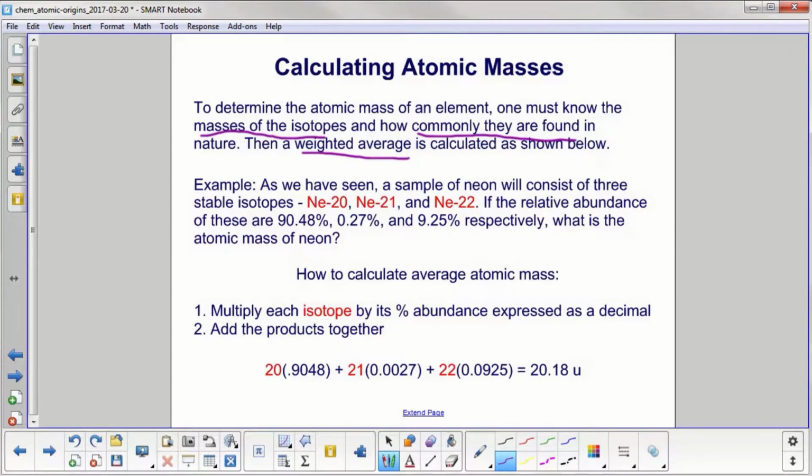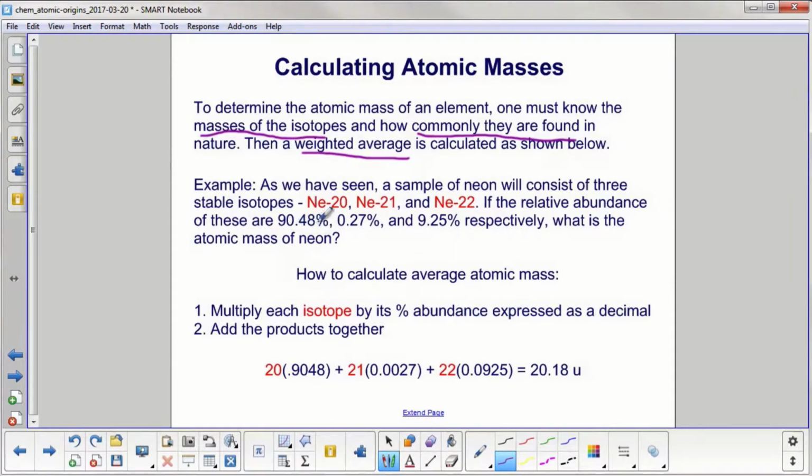So let's give an example. We've been working with neon. 3 stable isotopes, neon 20, neon 21, and neon 22. The relative abundance of them, as we've seen, is like so, just connecting them up here. How do you find the atomic mass of neon, which you put on the periodic table? Well, you multiply each isotope, see how the red here matches neon 20, neon 21, neon 22, by its percent abundance expressed as a decimal.